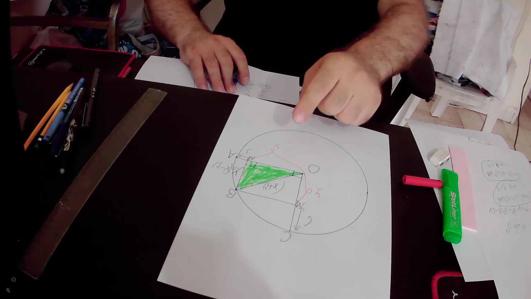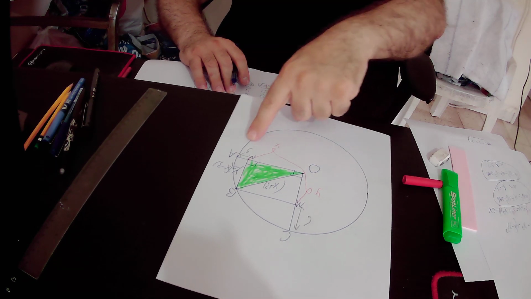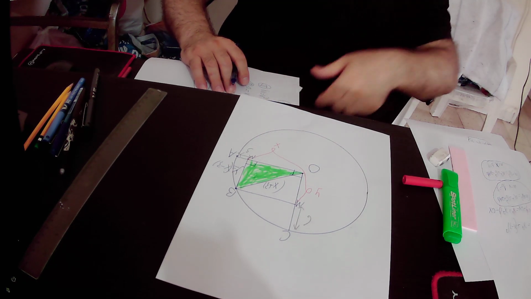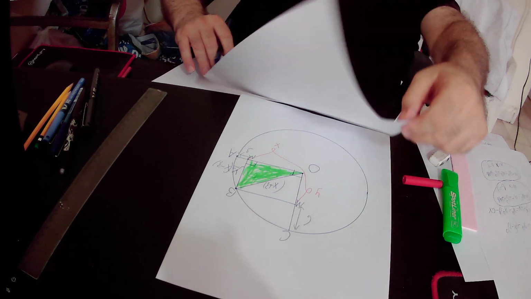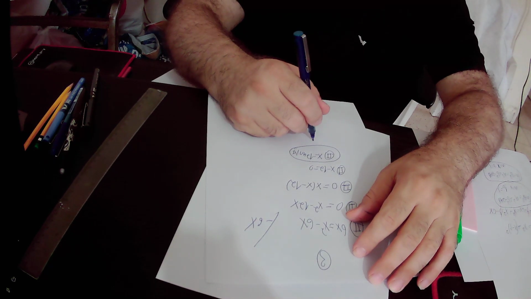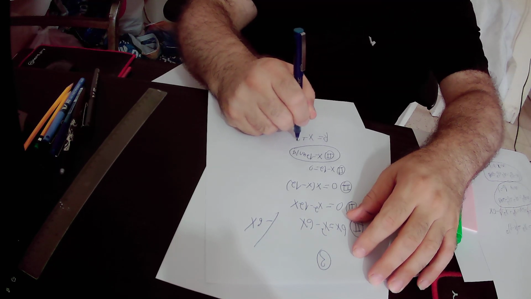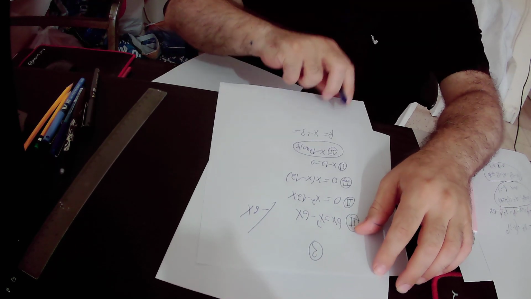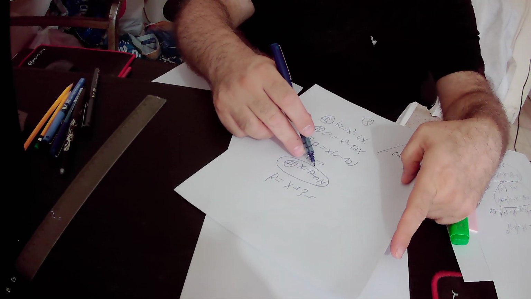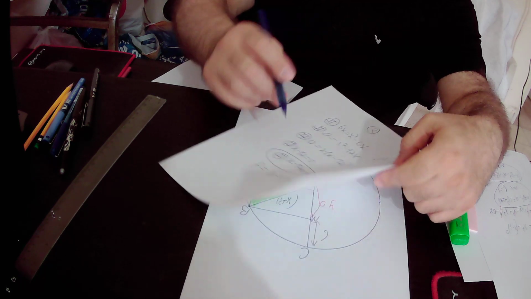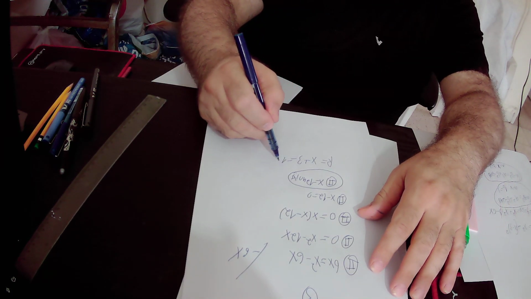But the radius of this circle is actually x plus 3. X plus 3 is the radius of this circle. So the radius of this circle equals x plus 3, and we know that x equals 12 units, so the radius of this circle will be equal to 12 plus 3, that is 15 units.